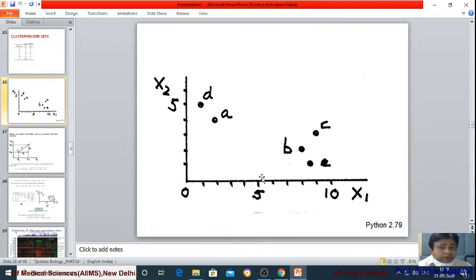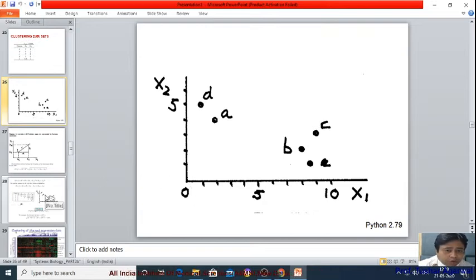So just see the next slide. It's a 2-dimensional plot, and in this we plotted the two values which they spend on food and clothing, x1 and x2, for these 5 different individuals, A, B, C, D and E. Say A spends approximately 2 rupees on x1, which is suppose food, and then A spends about 4 rupees on clothing, and so forth.